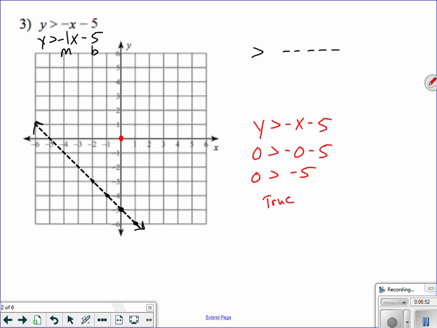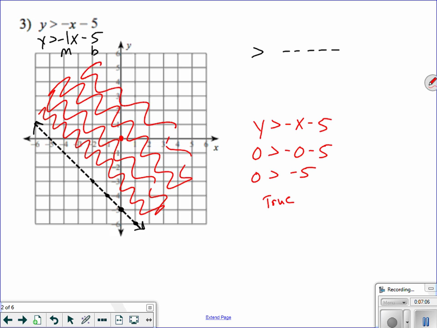So that means I'm going to shade the side of the line that has 0, 0. So that means we would shade this whole area.